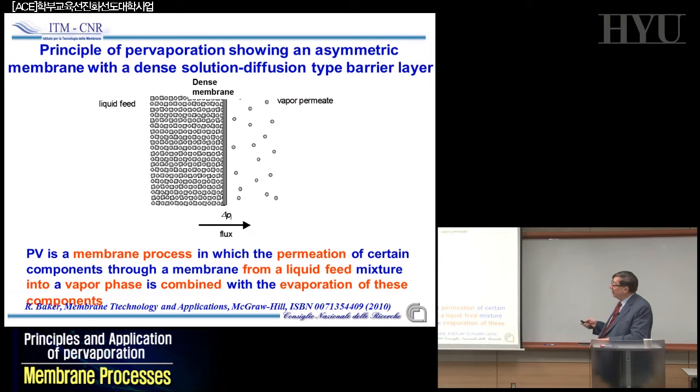In this kind of system you are again using a dense membrane, and the transport mechanism is, as in reverse osmosis and gas separation, a solution-diffusion mechanism. So the chemistry of the polymer forming your membrane has a very crucial role, controlling the selectivity.